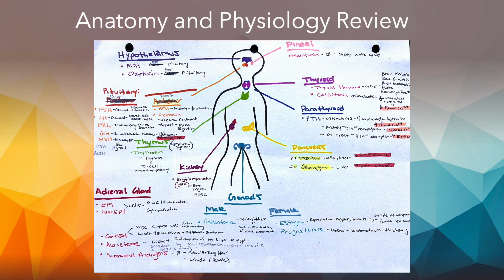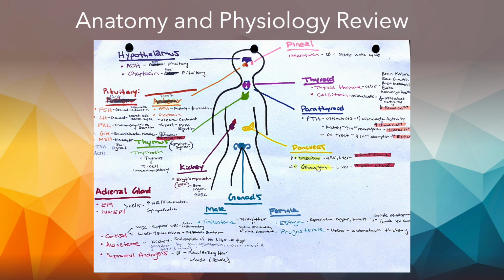And these glands are responsible for many hormones that are released and then travel to the other glands here, for example the adrenal gland and the gonads. And all of these are controlled through a negative feedback mechanism.